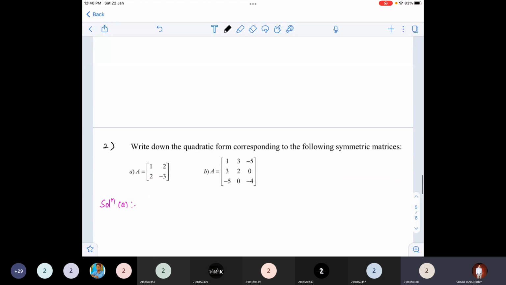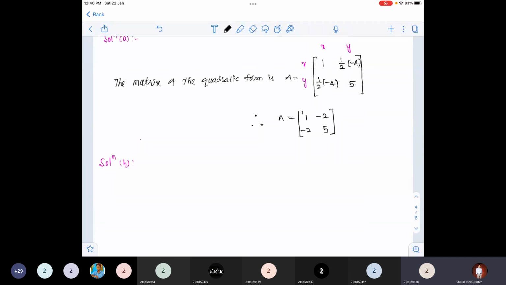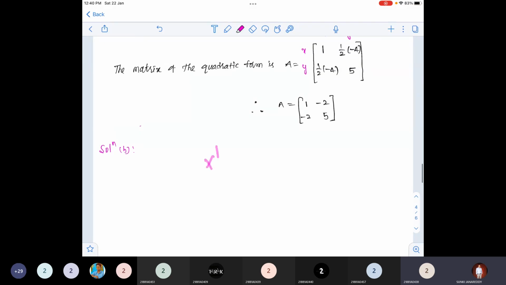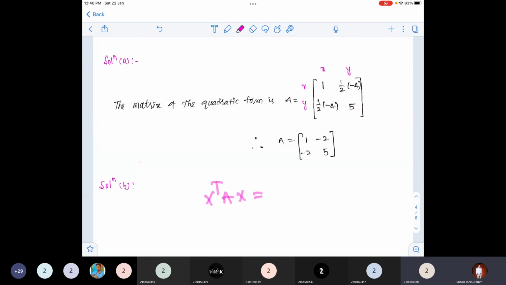Why I took this: by multiplying, yesterday only we discussed this. All of you listen carefully. X transpose A into x equals, X transpose means what? XY. Now A means 1, minus 2, minus 2, 5. And X is XY.